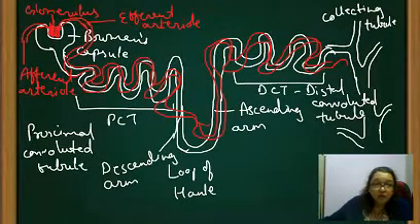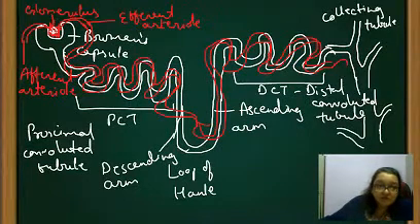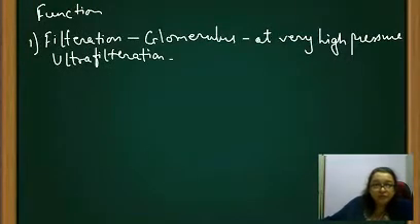So in glomerulus, whatever urea, creatinine, and many other substances had been filtered out comes into this Bowman's capsule. It mixes with water and forms the urine. This urine goes ahead into this PCT part, that is proximal convoluted tubule.